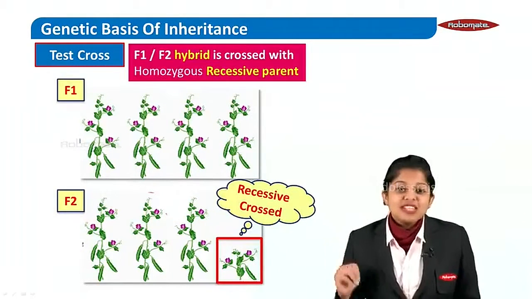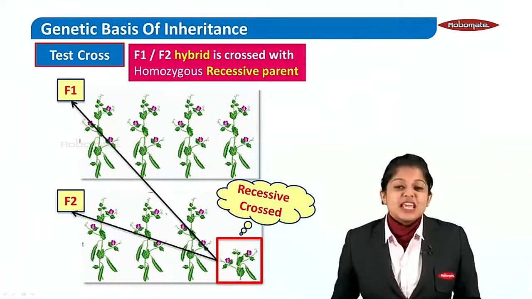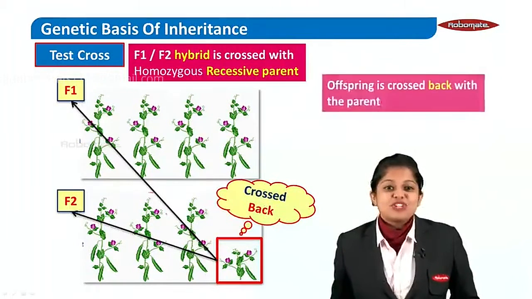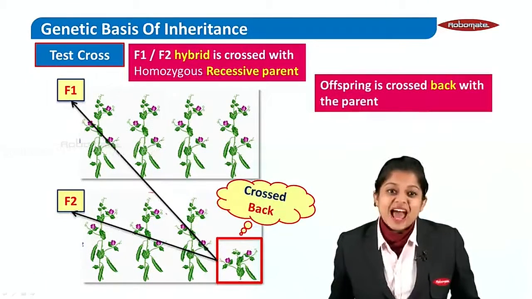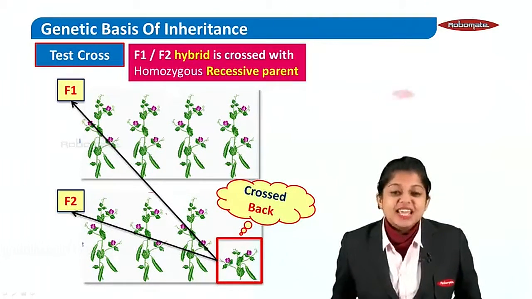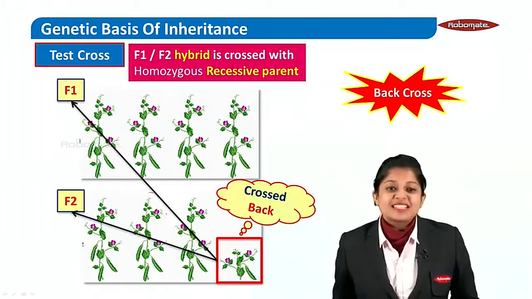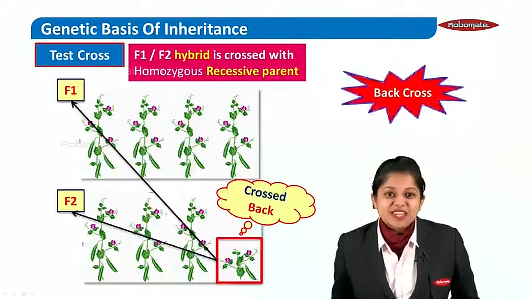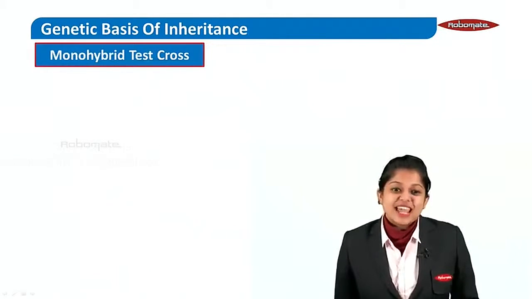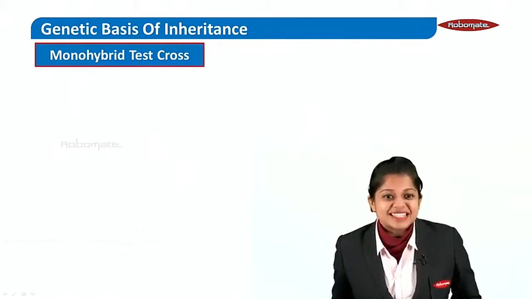So the homozygous recessive parent is crossed back with the F1 and the F2 generation, and here as the offspring is getting crossed back with the parent, it can also be called the back cross. So students, back cross and test cross are the same words for the same context.